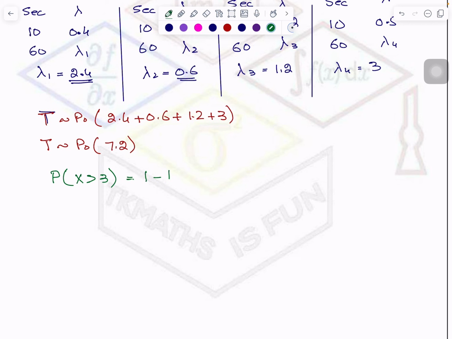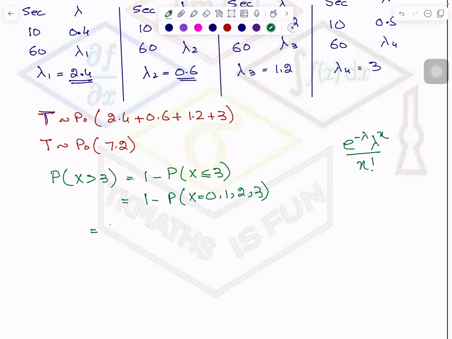So it is equivalent to 1 minus the probability of X less than or equal to 3. And it will become 1 minus the probability of X equals 0, 1, 2 and 3. And you know the formula for calculating probability using the Poisson distribution. It is e power minus lambda, lambda power x over x factorial.